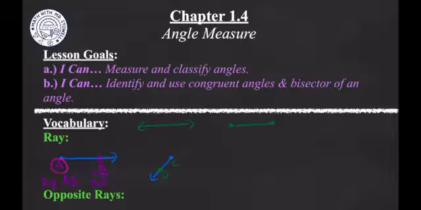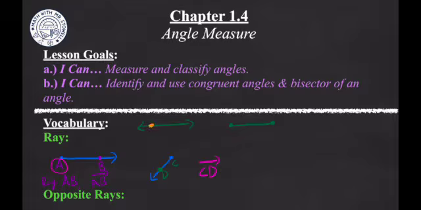With this other ray CD, C is at the endpoint, so if we want to talk about this, C has to go first, then D, then we put the ray symbol over top. Notice the ray symbol is very similar to the line symbol and the line segment symbol.